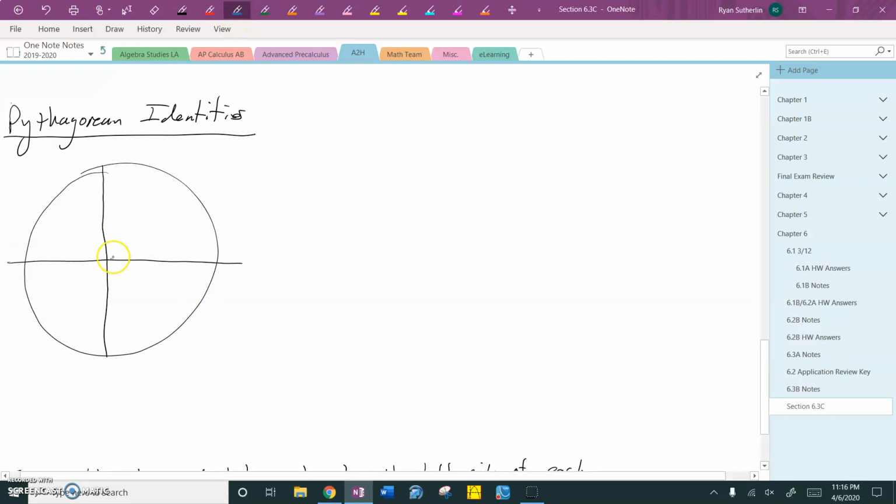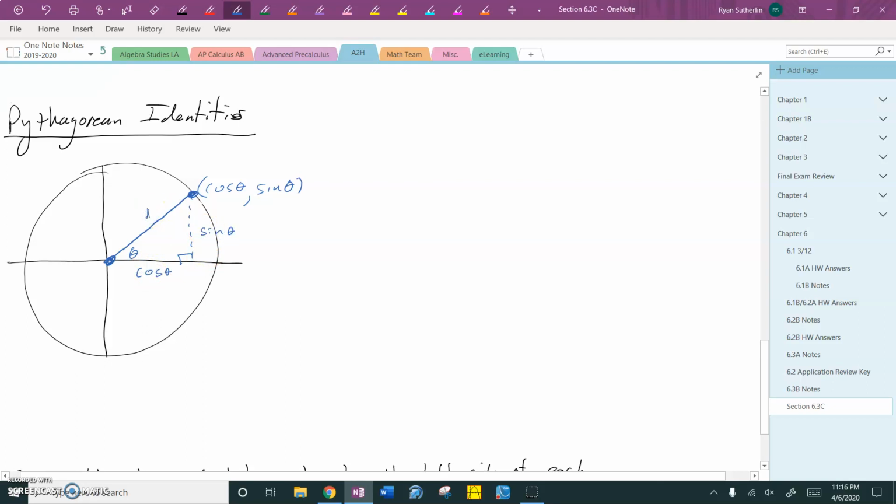And last lesson, we talked about how any point on the unit circle, the x-coordinate, if this is theta, is cosine of theta of this point, and the y-coordinate is sine of theta. So that means I have a right triangle here where the x side is cosine, the y is sine, and the hypotenuse is 1.